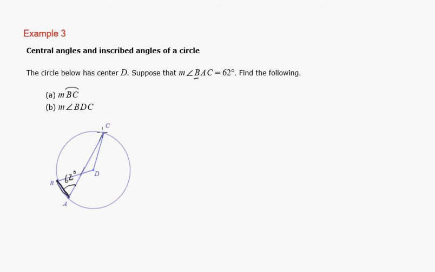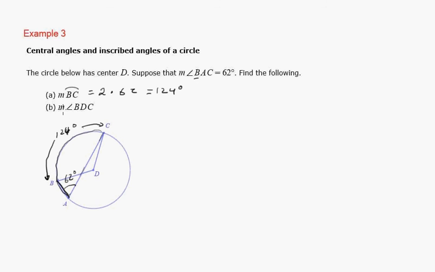So then that means the arc would be twice as much. So the arc, the measure of B to C, would be twice as much. So 2 times 62. 2 times 2 is 4, and 2 times 6 is 12. So 124 degrees from there all the way over to there.